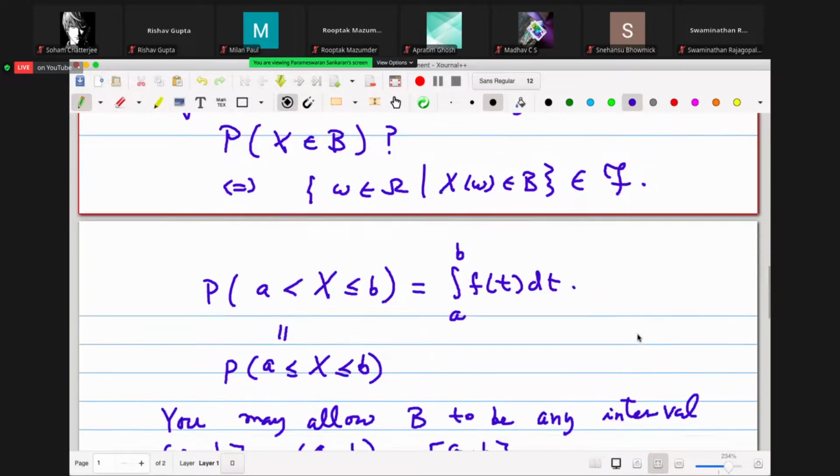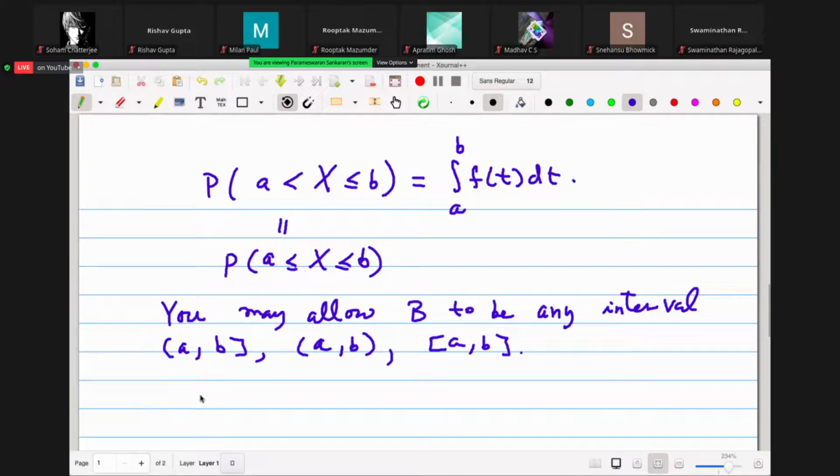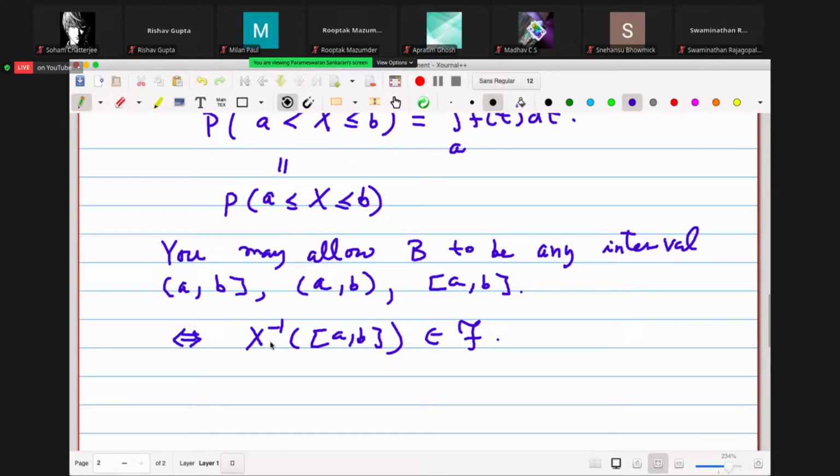So you think of X as a function, X inverse of these sets (a, b), etc., must be in F, and open intervals and so on and so forth. I'm not writing all those things. The moment that happens, you also know that your F is closed under countable union, complementation, countable intersection, and so on.